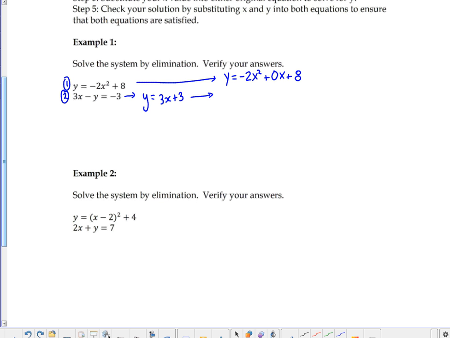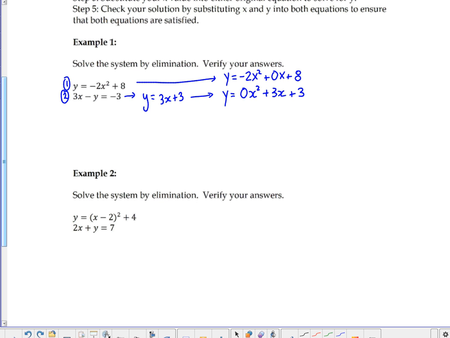So the second equation, y equals, do we have an x squared in this one? No, so we're going to use a placeholder of 0x squared plus 3x plus 3. So far, so good?